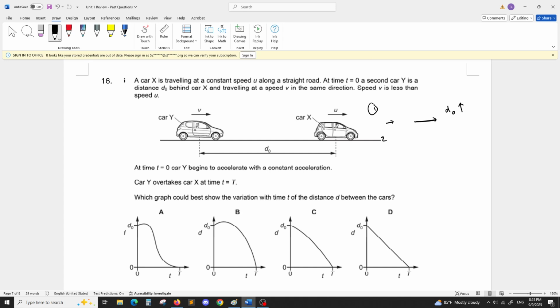Okay, so now that we're actually accelerating, we can say that we're actually going up, right? This person is still going at the same speed, so that means our distance is actually decreasing. And these are the two main components.